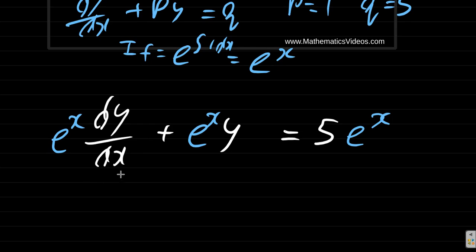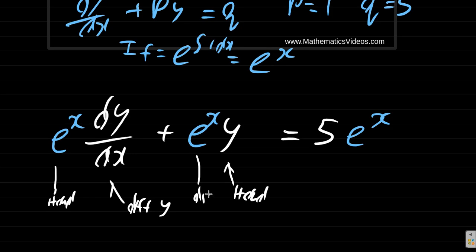Now, we hold e to the x as it is here, right? And then we differentiate y to get dy by dx. Here, we hold y as it is and differentiate e to the x to get back e to the x.